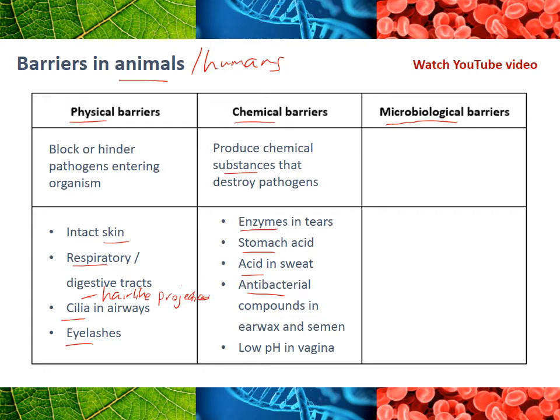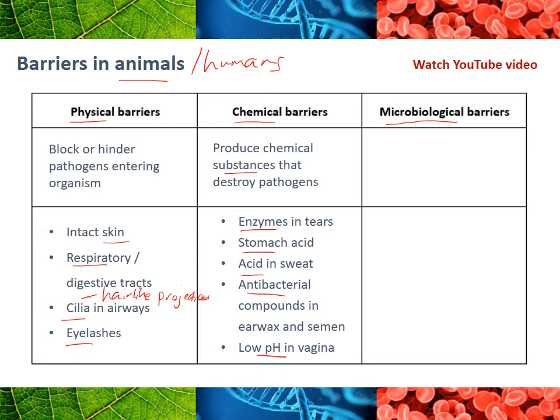And also things like pH changes. So certain pathogens, like everything, they have ideal acidity and pH conditions. So pH changes in places like the vagina, in the stomach, they are all protective barriers.